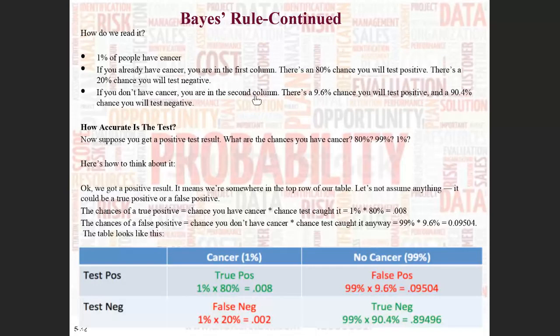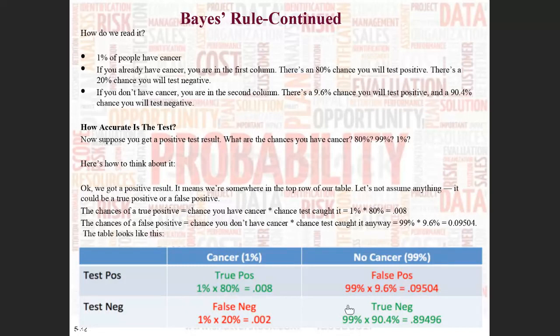There's an 80% chance you will test positive, and a 20% chance you will test negative. 1% times the 80% is 0.008, and that's a true positive. 1% times the 20% equals 0.002, which is what's referred to as a false negative. If you don't have cancer, you're in the second column, no cancer. There's a 9.6% chance you will test positive and a 90.4% chance you will test negative.